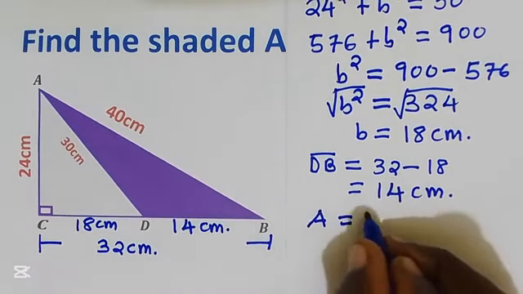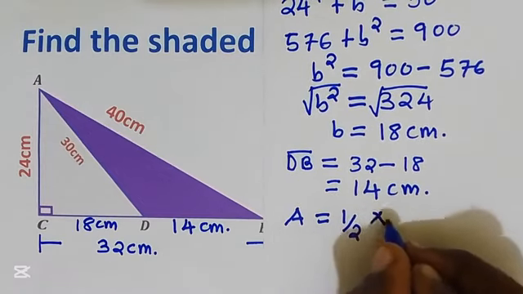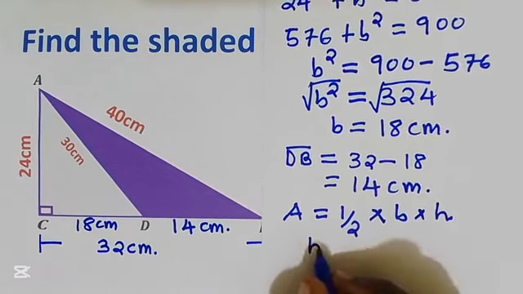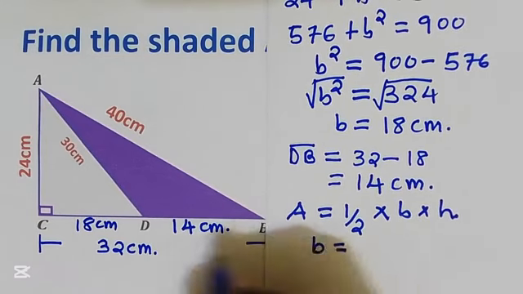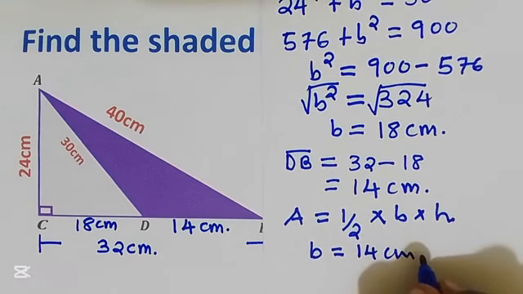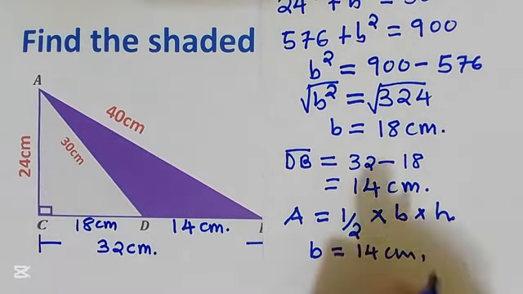From here now we can get the area easily, because area of the triangle is given by a half multiplied by base multiplied by height. Our base, this is equal to 14 centimeter. Our height is equal to 24 centimeter.